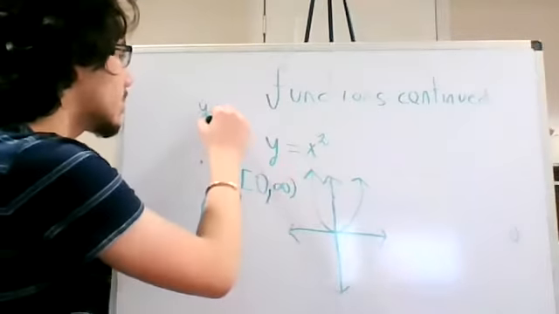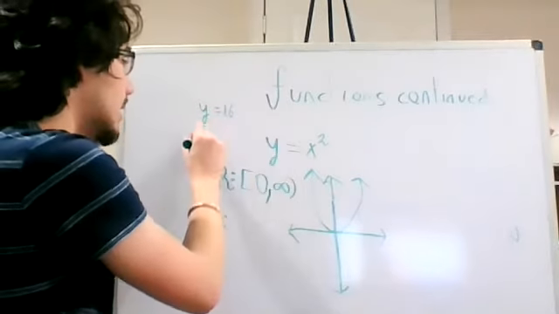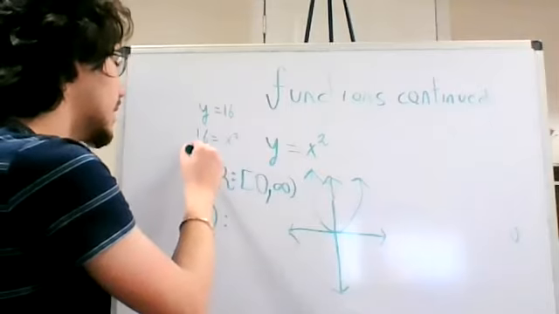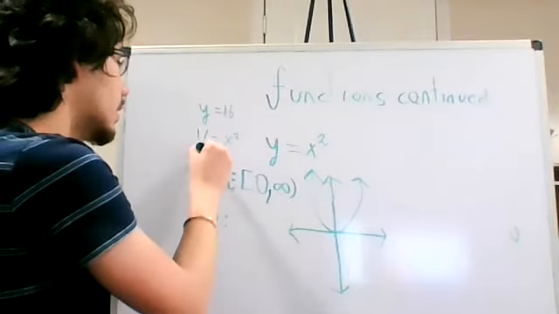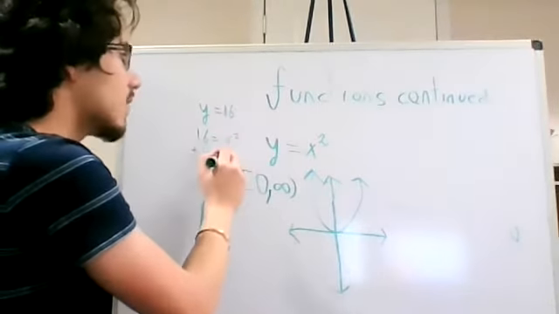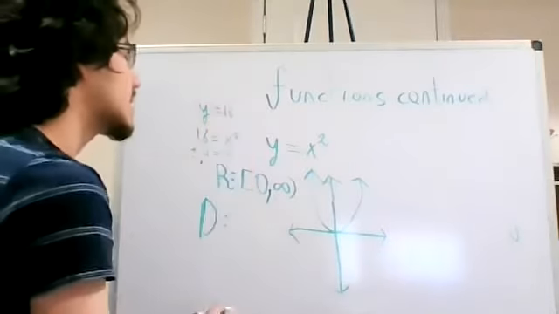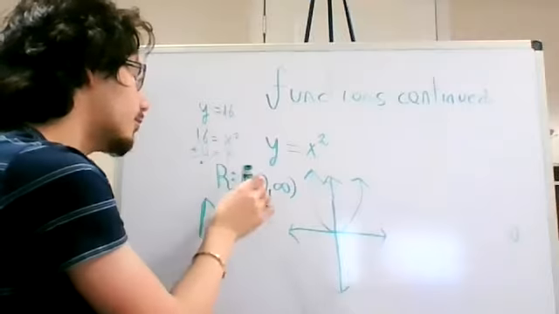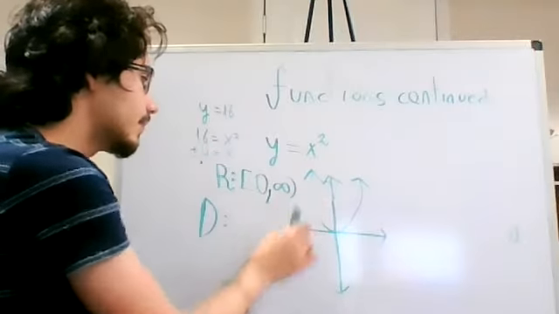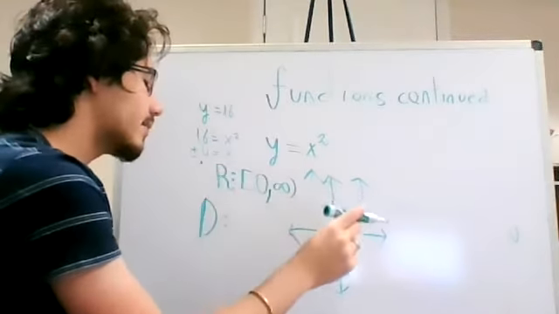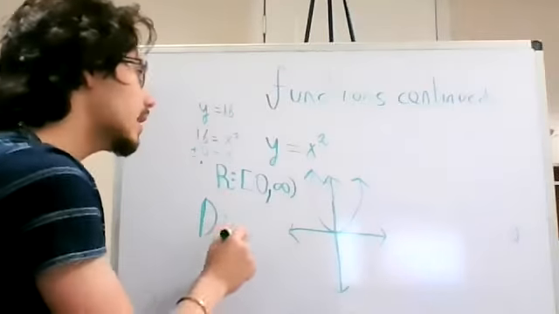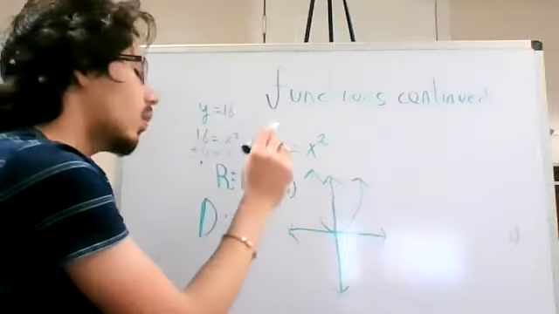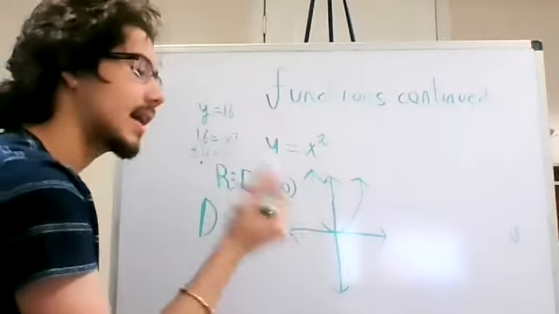So that means that we can put this 16 into our function and get 16 equals x squared. And if we solve it, we would get positive 4 and negative 4 as the x values where y will equal 16. So the range says that for any of the y values from 0 to infinity, so all the positive numbers and 0, if you put these y values in the function, there will be an x value where we can answer the function with.